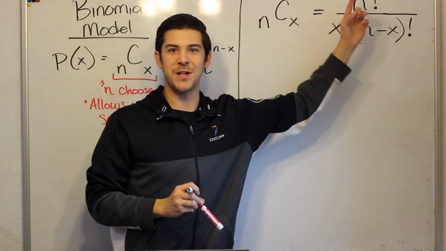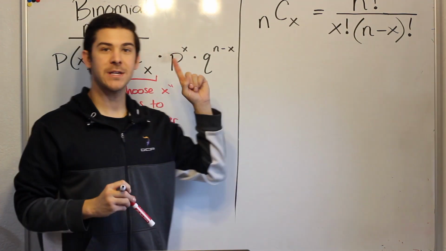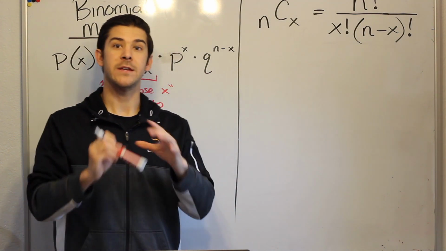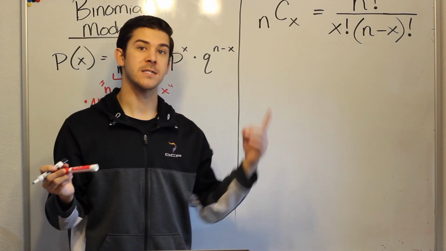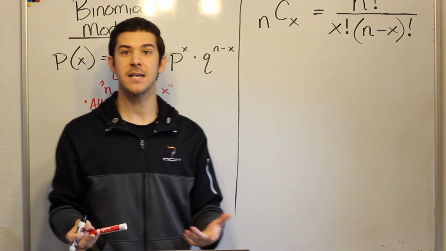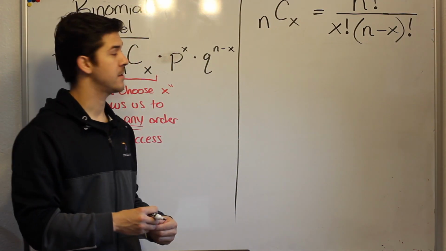This equation, while it looks complicated, actually lets us explore the different ways of organizing the combinations of successes in a given trial.